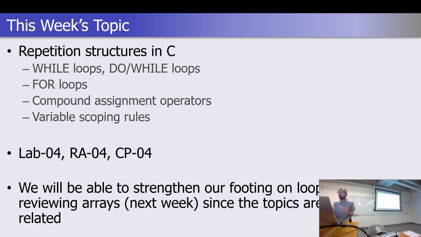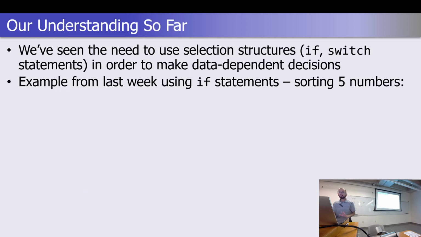So loops are important, and let's motivate why. I think we've seen why we needed if statements, maybe to a lesser extent why we need switch statements, but we need control structures. The example from last week was sorting 5 numbers.